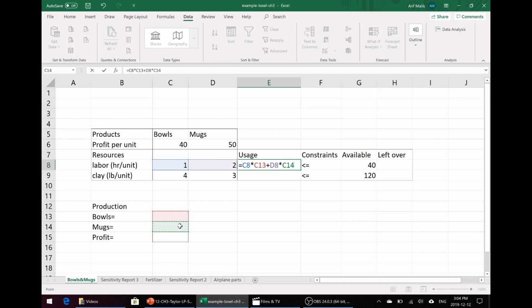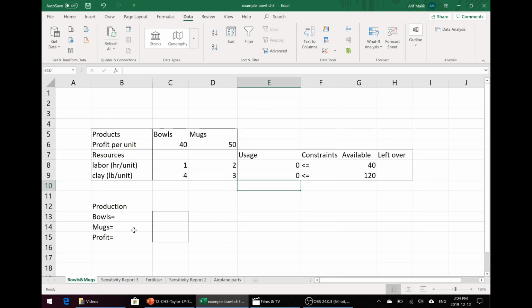Same way for the other formula, 4x1 plus 3x2: equal to 4 multiplied by the number of bowls plus 3 multiplied by the number of mugs, and that's it.